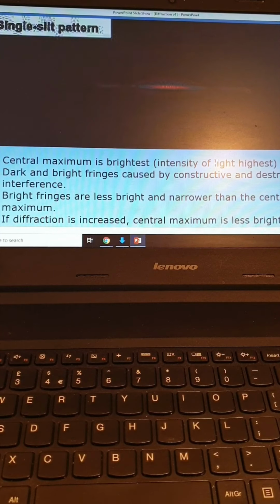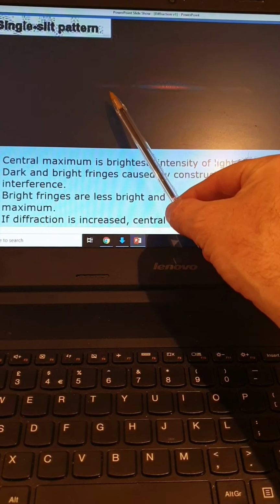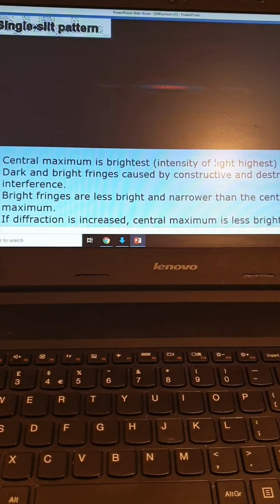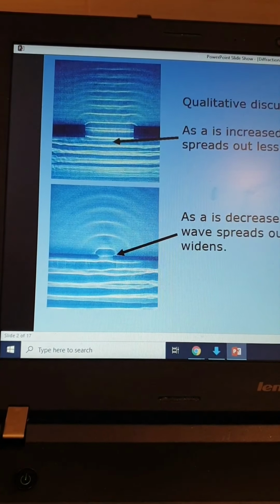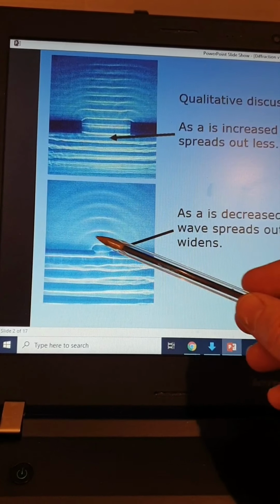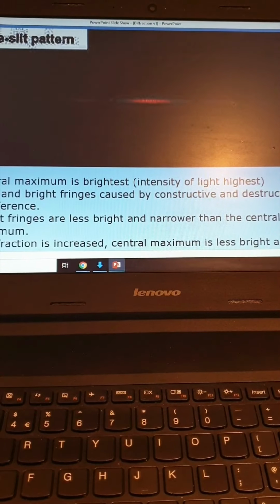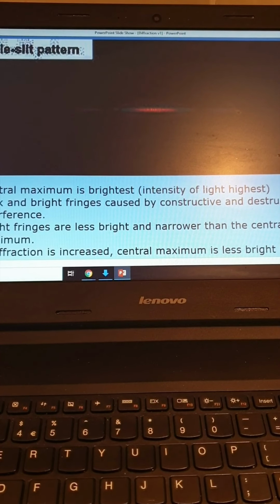The central maximum is much wider than the less bright fringes to either side. And if diffraction is increased, that is, if there's more spreading out of the wave, which is what we saw in this case, then that central maximum becomes wider and less bright.